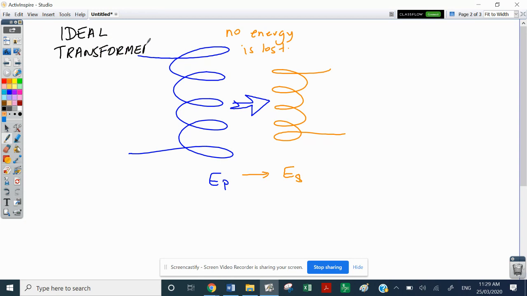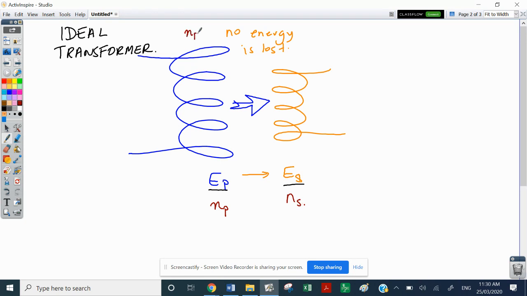An ideal transformer assumes that the energy of the primary coil is equal to the energy in the secondary coil. We're going to set up that the primary coil has N windings, so N with a little p, and the secondary coil has N with a little s windings. So let's give it some nice numbers so that we can work with.